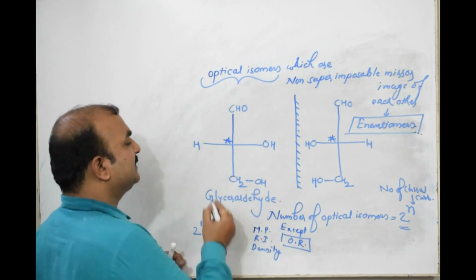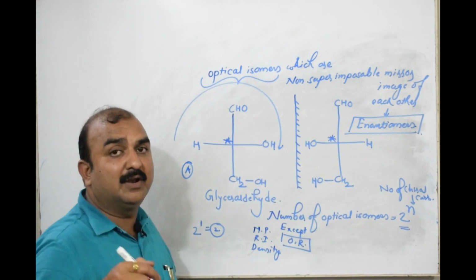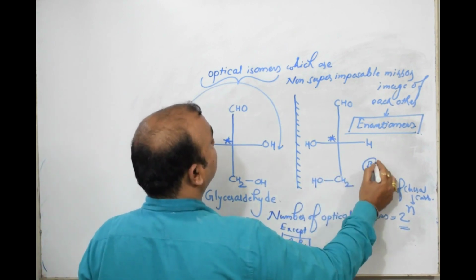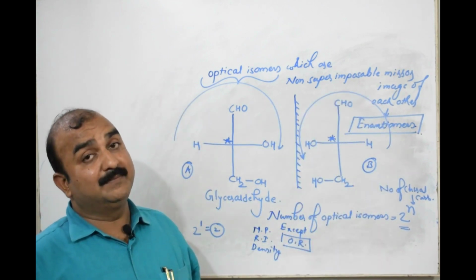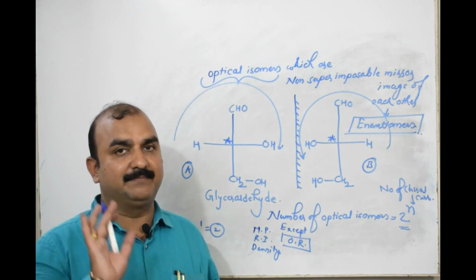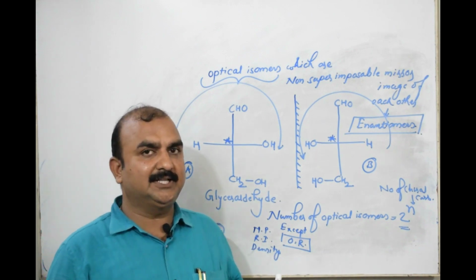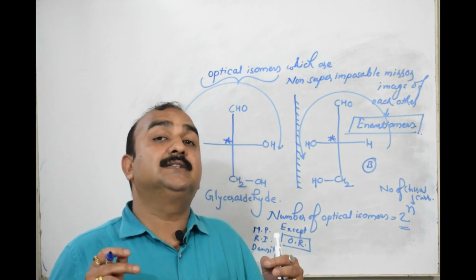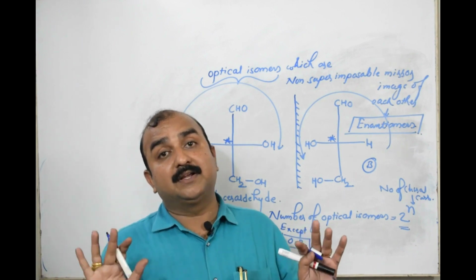If we put this compound in the polarimeter and it shows clockwise deflection, then definitely if we put B, it shows anti-clockwise deflection. So enantiomers have opposite optical rotation. This is the most important concept. So now we have come across a most interesting thing: non-superimposable mirror image optical isomers are known as enantiomers, and enantiomers have opposite optical rotation.